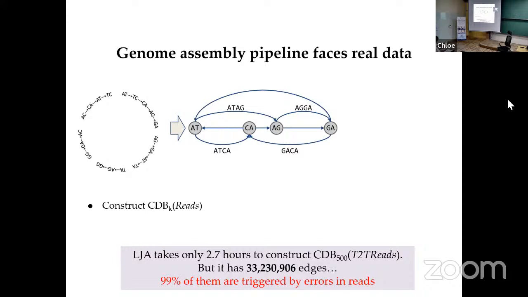So what do you do? This graph is essentially useless because it consists almost entirely of erroneous edges. Every read has errors. The error rate is small, less than 1%, so only 1 in 200-300 nucleotides is incorrect. But of course, they affect everything.